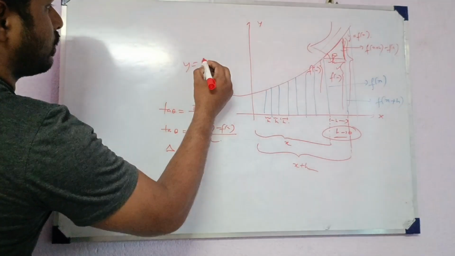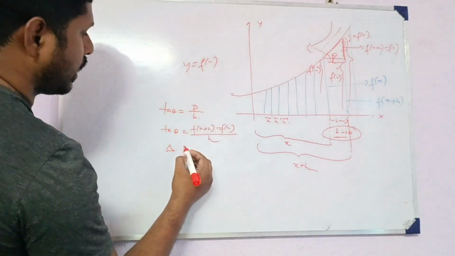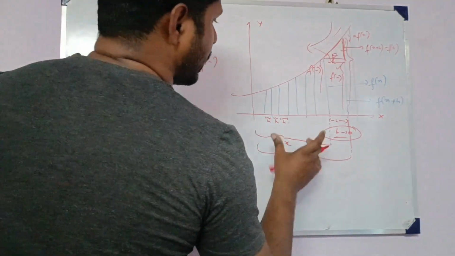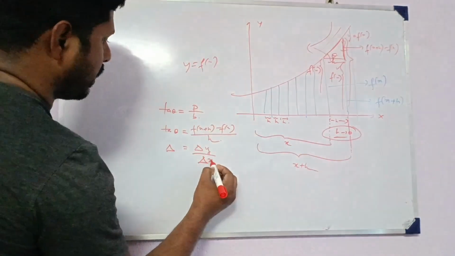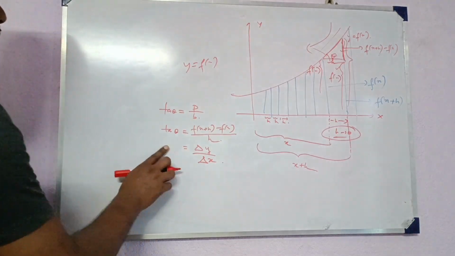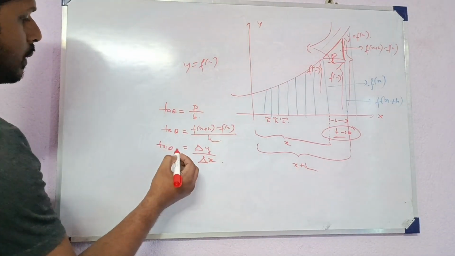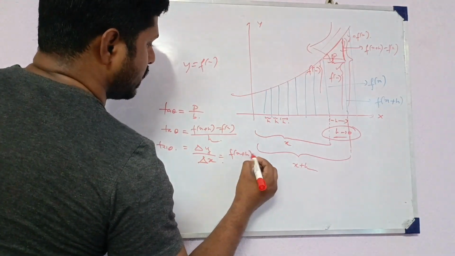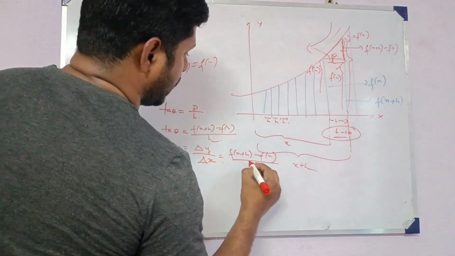Now, as we know y equals f(x), we can write it as del y by del x, since h is the difference of x. So tan theta equals del y by del x, which equals f of x plus h minus f(x) by h.